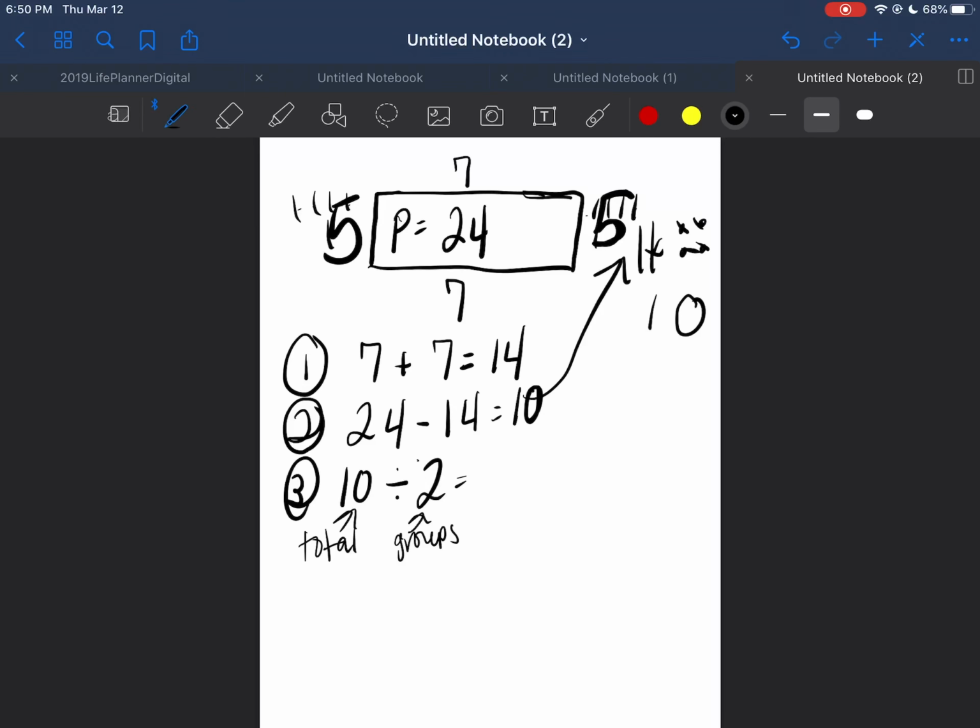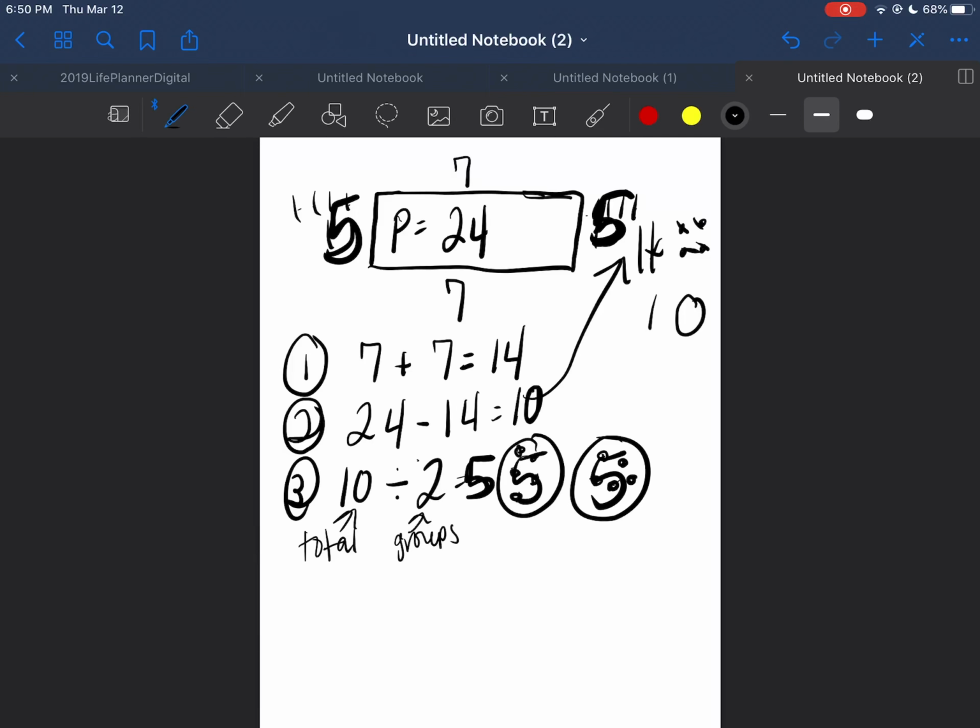So how many groups are we sharing with? 2. And how many are we sharing? 10. 10 divided by 2 is 5. So we know that our missing side length is 5.